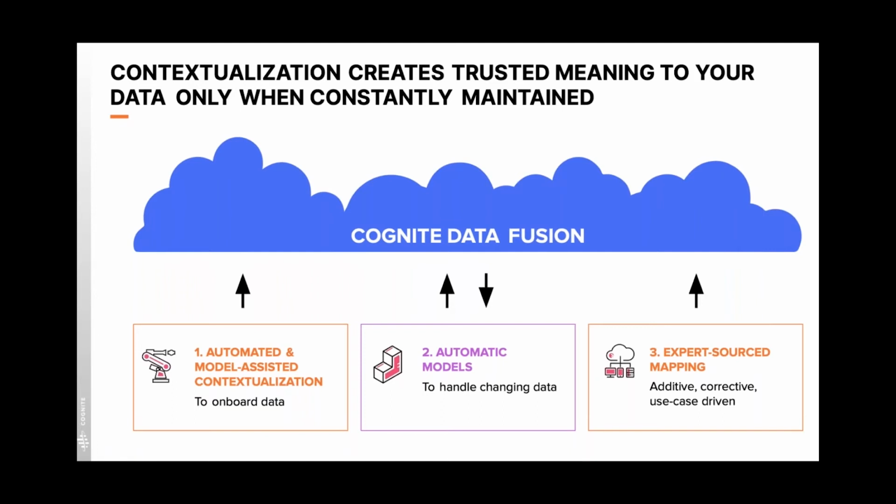That is a large work package when we contextualize the initial set of data required for a particular use case portfolio. And then there's always the third box at the bottom corner, the expert-sourced mapping: additive, corrective, use-case-driven contextualization, which cannot be automated, or where there is simply not enough volume of data to warrant training the models. Those are done through expert-sourced additional data mapping, equally going into the same fully contextualized data image that Cognite Data Fusion maintains.